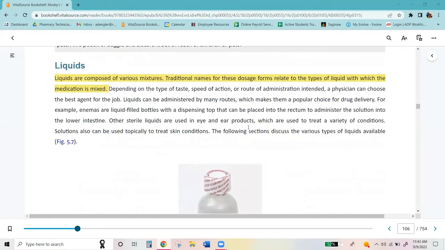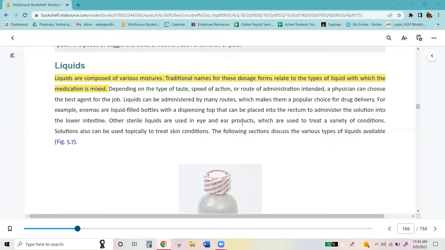Liquids are composed of various mixtures. Traditional names for these dosage forms relate to the types of liquid with which the medication is mixed. Liquids can be administered by many routes, which makes them a popular choice for drug delivery. Enemas are liquid-filled bottles with a dispensing top that can be placed into the rectum to administer the solution into the lower intestine.